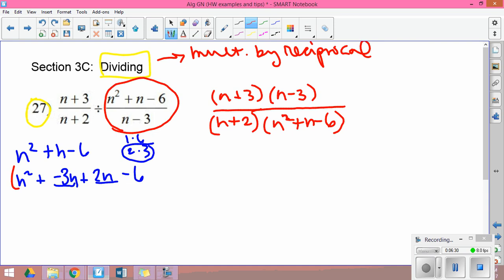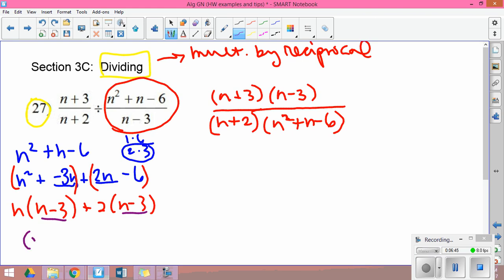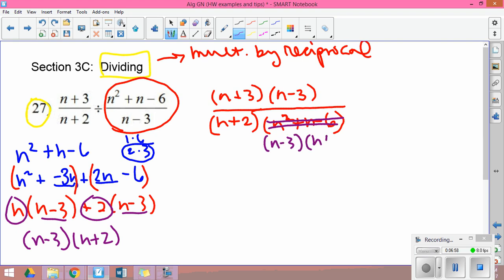Go ahead and group the first two, group the second two. Greatest common factor is n. Greatest common factor is 2. We know the world is good when this back is the same, so that becomes my greatest common factor, and it leaves n plus 2. So I'm going to go back up here and I'm going to rewrite this as its two factors, n minus 3, n plus 2. Now I have everything all factored.